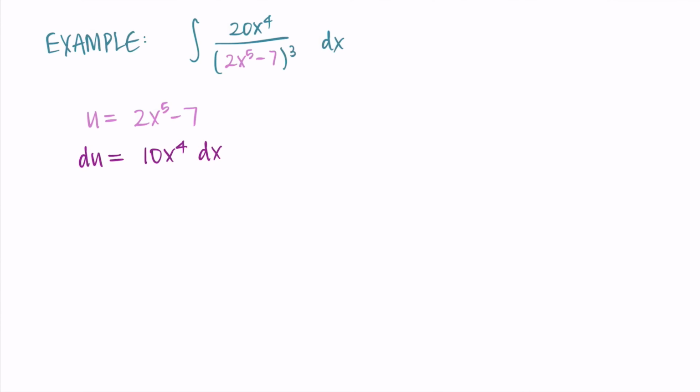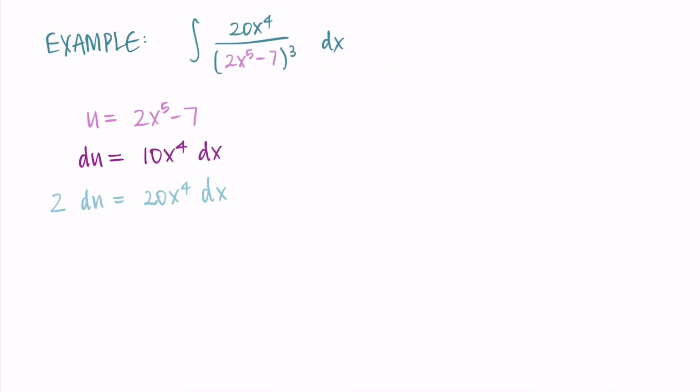Okay, let's try it with our other example. This is the second example we did. So we had the integral of 20x to the fourth over the quantity 2x to the fifth minus 7 cubed. And so here, on our du equation, 10x to the fourth dx, you might just notice, oh, if I multiplied this by 2, I would get the numerator that I have in my integral.